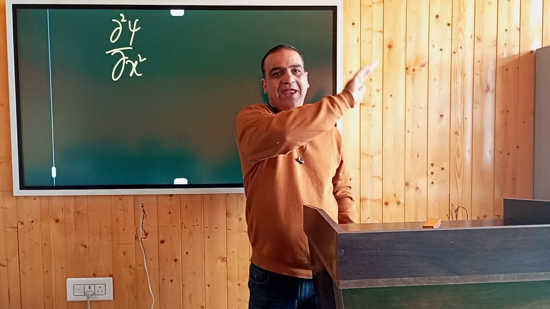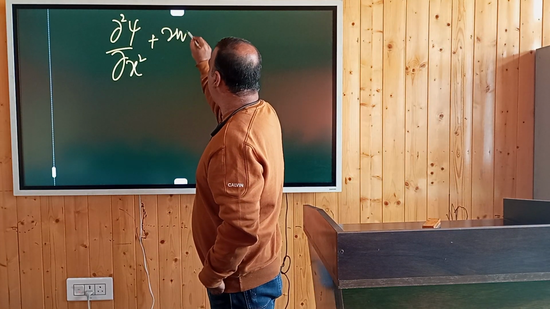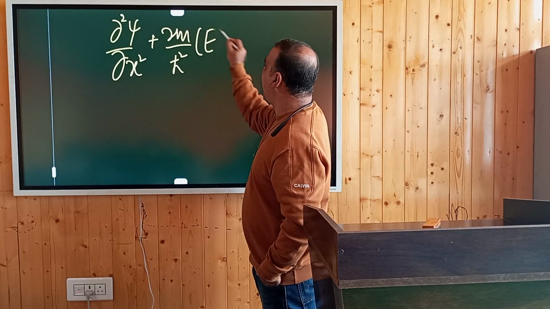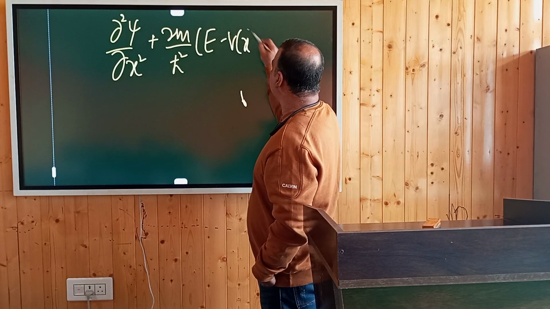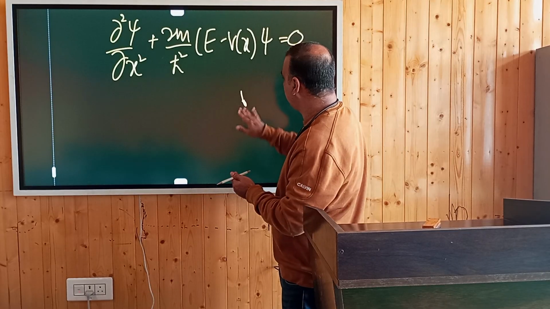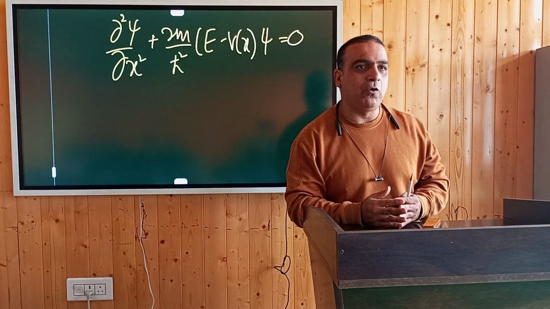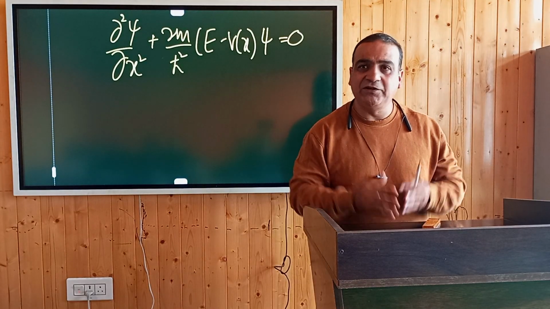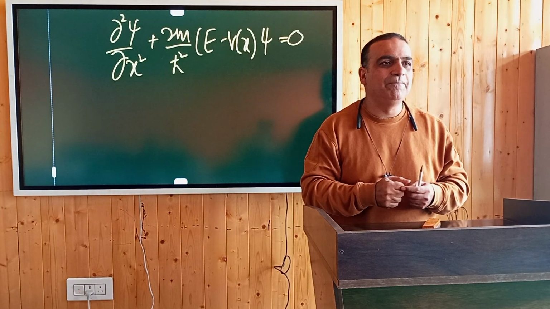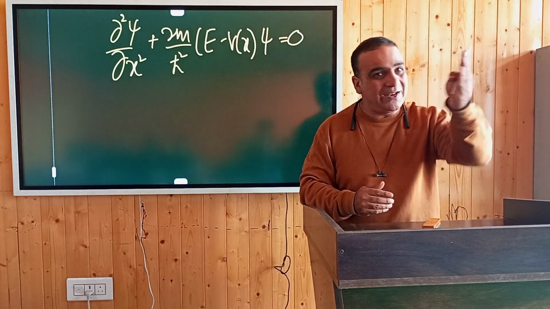I will transfer everything from the right hand side, so this will be plus 2m by h cross square E minus V of x of psi is equal to 0. Right? So we started with the wave function, and wrote it as a mixture of k's and omegas, assuming only one direction.